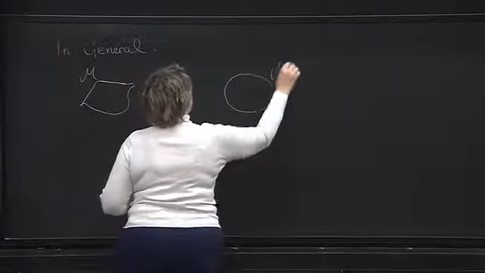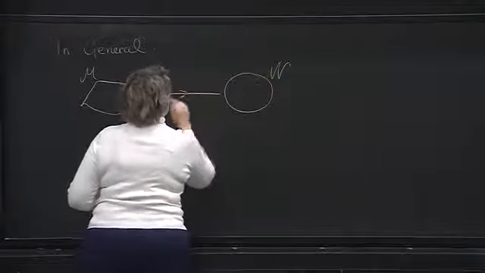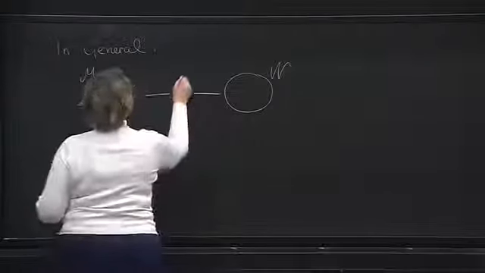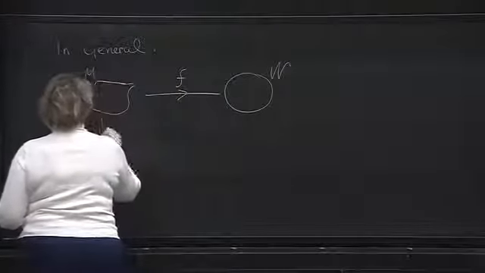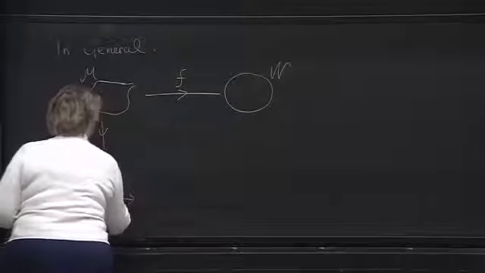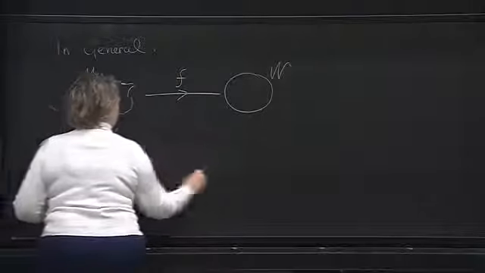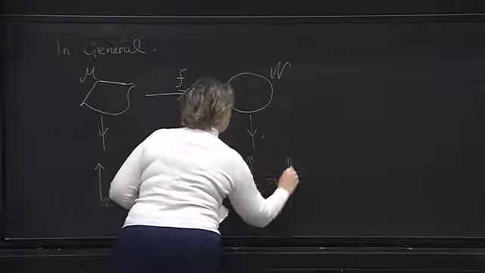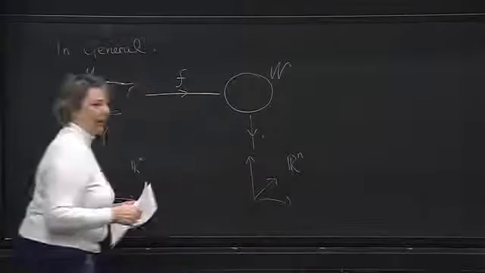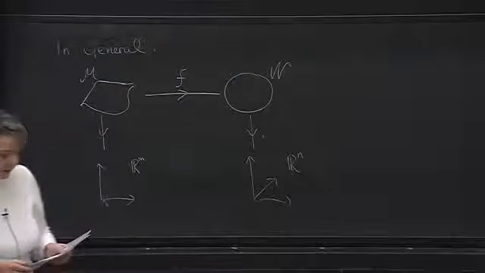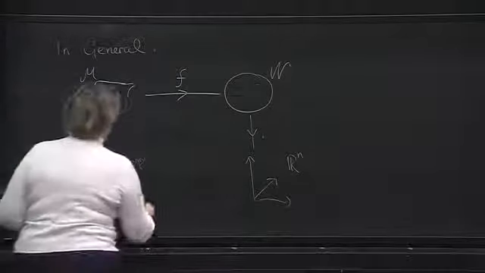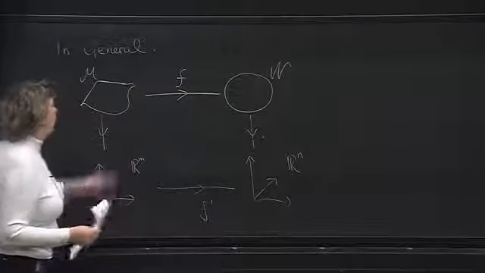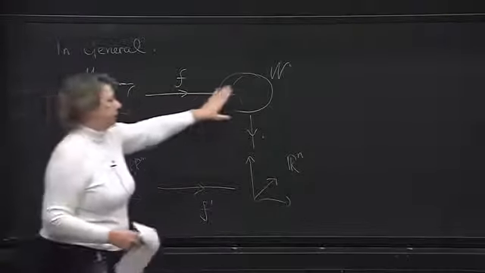So let's suppose we've got two manifolds, M and N. And in general, we don't need to assume that they're the same dimensionality. But we have a map from one manifold into the other.